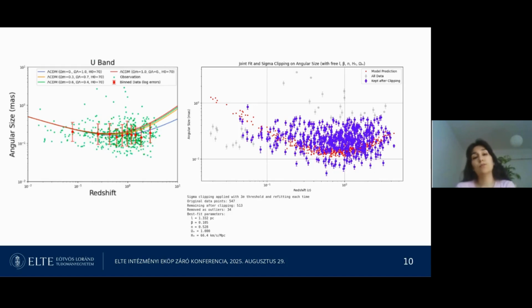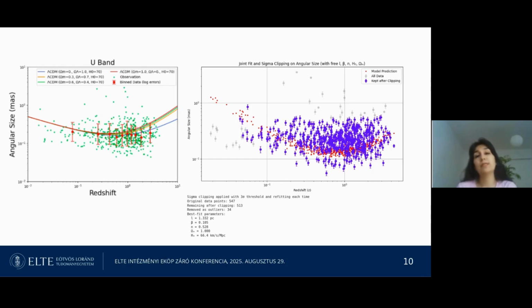Okay, by adding cosmology so far, we had some challenges, the most important one coming from the dispersion of the data. As you can see here on the left, this is the theta Z plot, where green dots come from data, and these curves in different colors show predictions based on theory and different cosmological parameters.